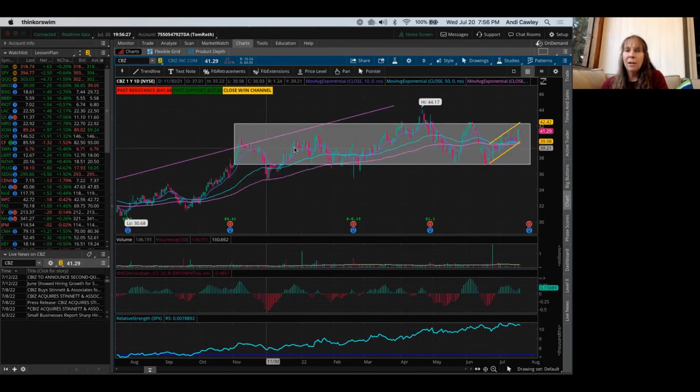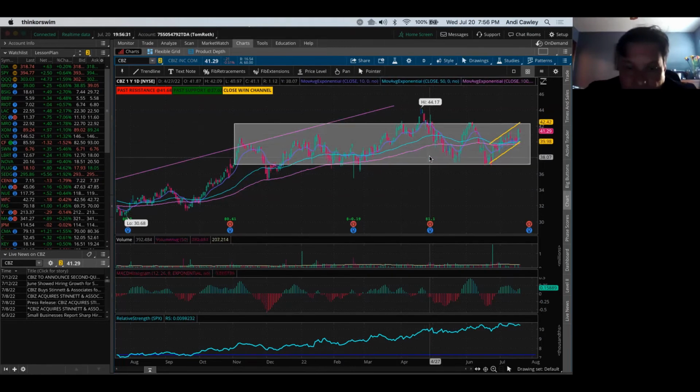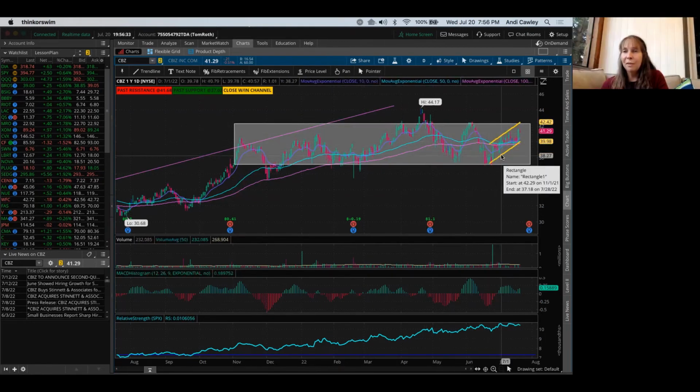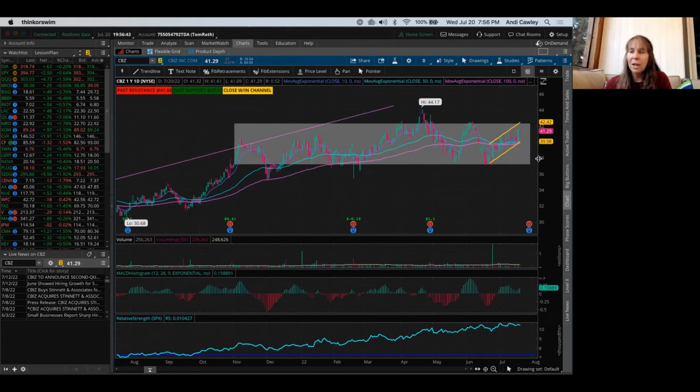I mean, you can see how it's been kind of sideways here. Yeah. But it's got this nice pattern of up and down, and it's getting kind of near the top. If it falls and breaks back down in the 30, 38 range around there, that might be a good buy-in.